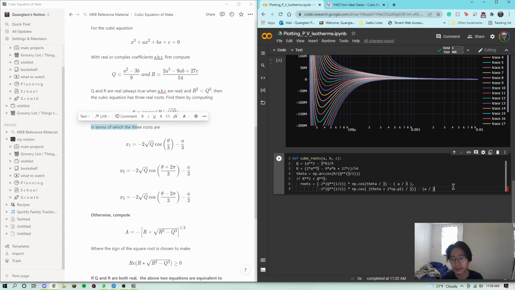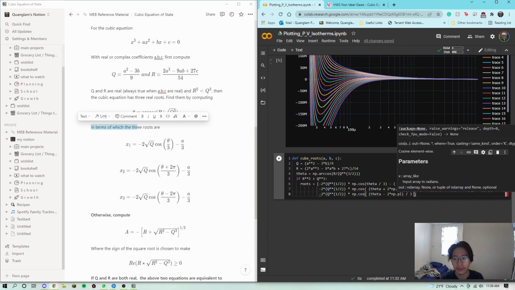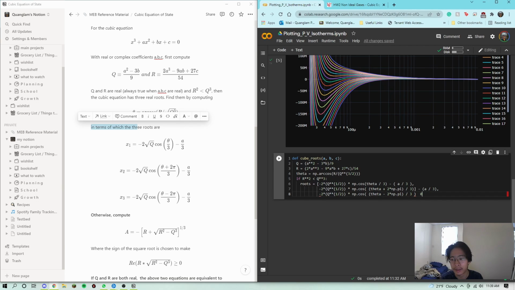Okay. And finally, the last expression, -2 times, you know, at this point I should probably just copy paste. No need to handwrite everything. Times np.cos, this time it is (theta minus 2 times np.pi) all over 3 minus A over 3.